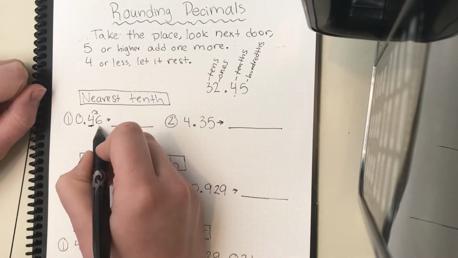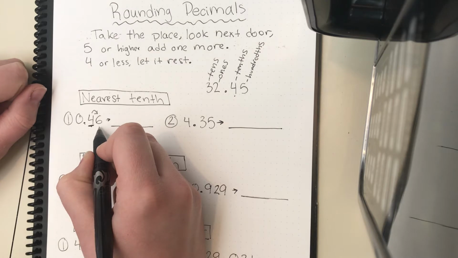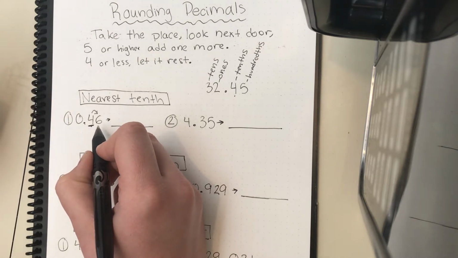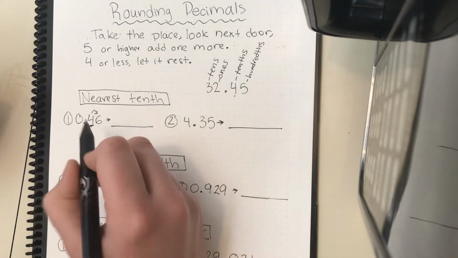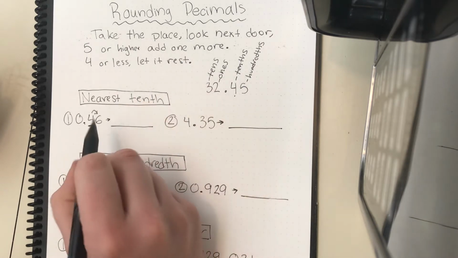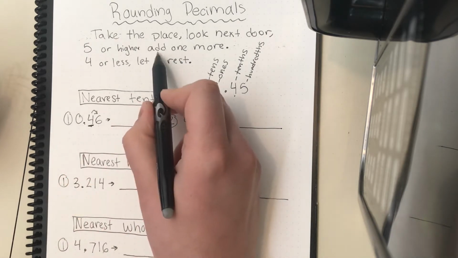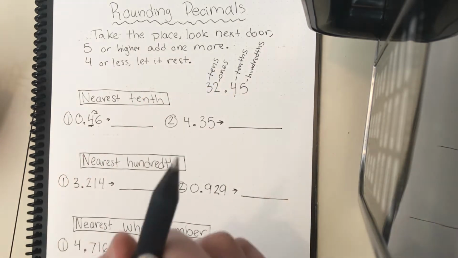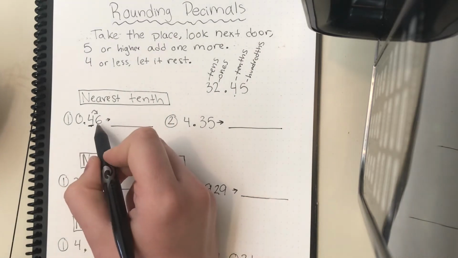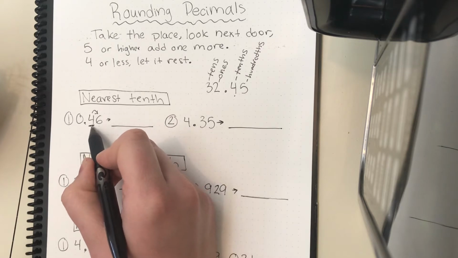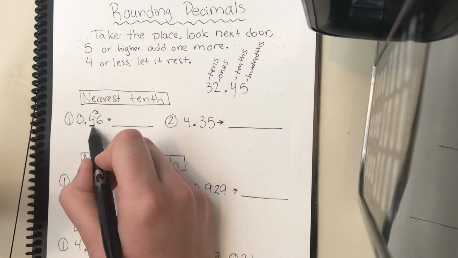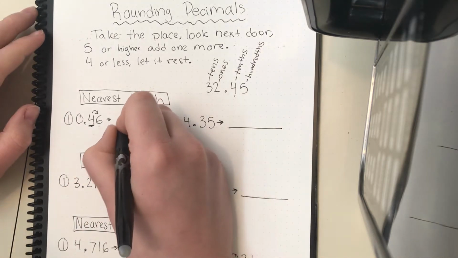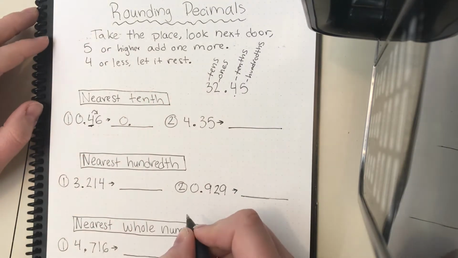Well, is 6 5 or higher or 4 or less? Well, hopefully you said that it is 5 or higher because it is higher than 5. So that means we're going to add 1 more. When we say add 1 more, we don't mean add 1 more to the 6. We're not adding 1 more to the 6 because we're rounding to the nearest tenth. So we're worried about tenths here. So we're going to add 1 more to our tenths place.